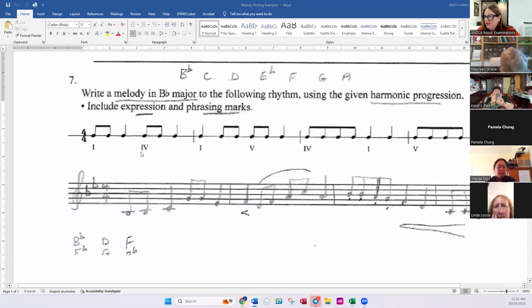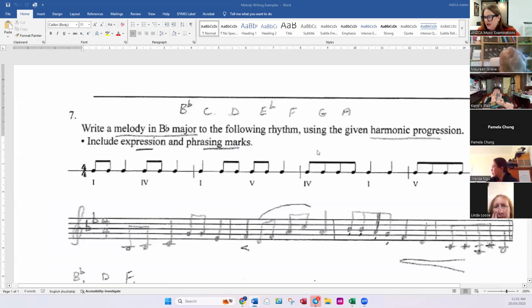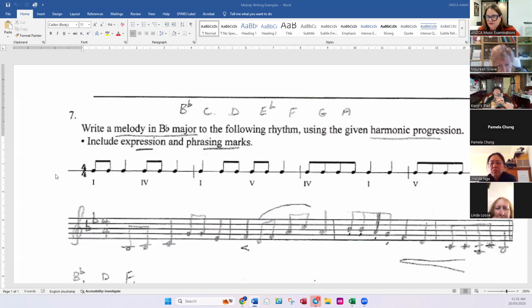But I think as teachers, if we make sure that our students are following the rules, following the chord progression, and including all of the elements within that multifaceted question, and then are able to sing it without any harmonic jarring, that's a good starting point.